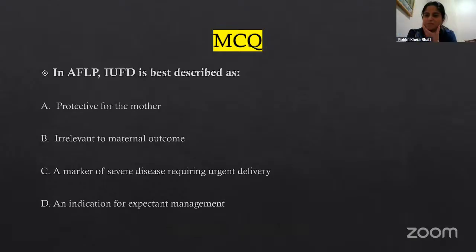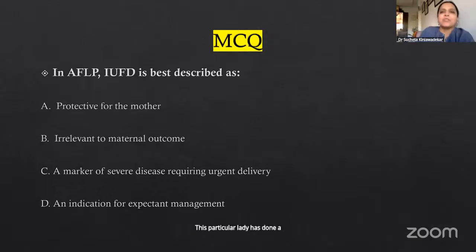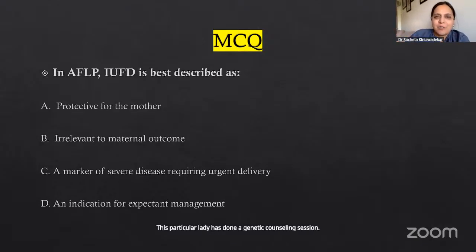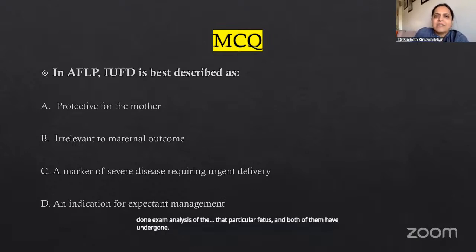So yes, Suchita ma'am, in the next pregnancy, if a female has had this history of AFLP, we as obstetricians, keeping this history in mind, how should our next pregnancy plan be? This particular lady has done a genetic counseling session, and exome analysis of that particular fetus, and both the couple have undergone their genetic evaluation.